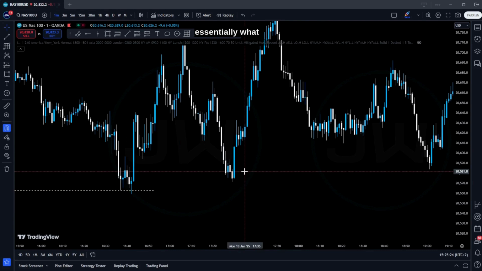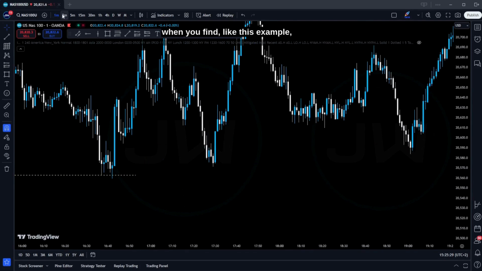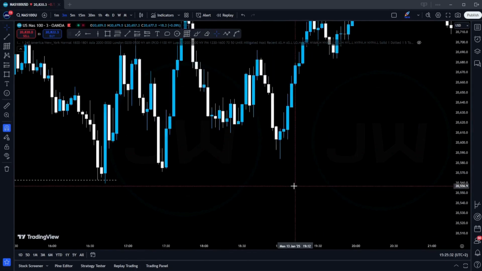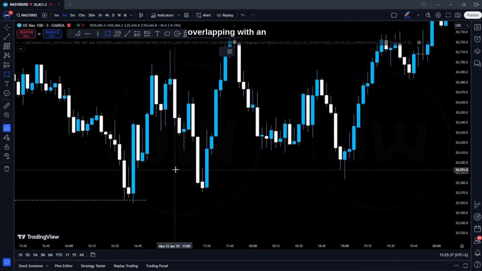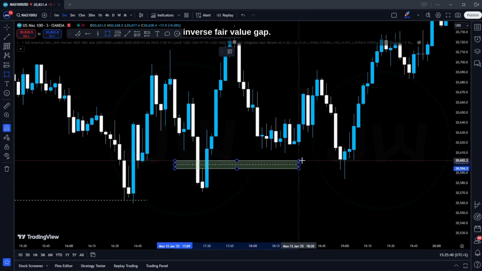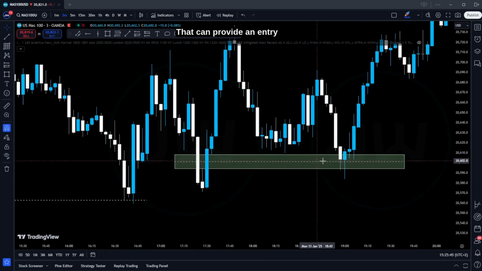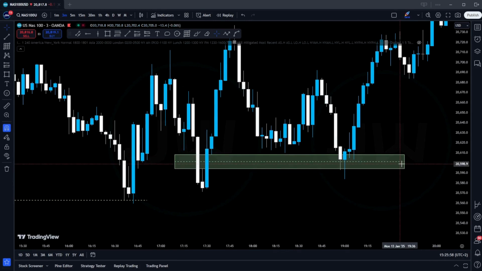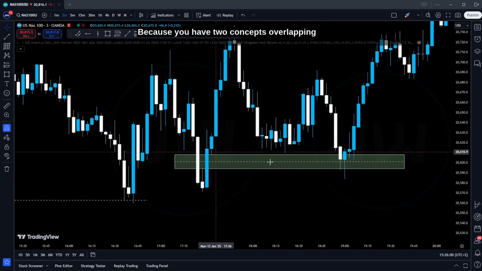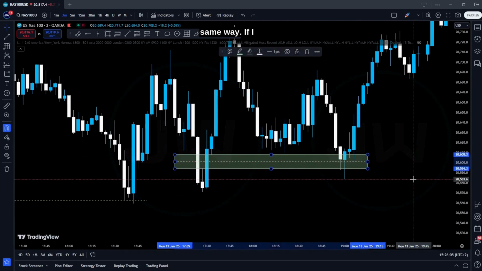What a BPR is, is when you find, like in this example, a fair value gap overlapping with an inverse fair value gap. That can provide an entry as well. BPRs are just more of a confluence, because you have two concepts overlapping each other, but they can be used in the same way.